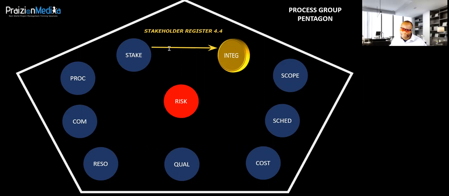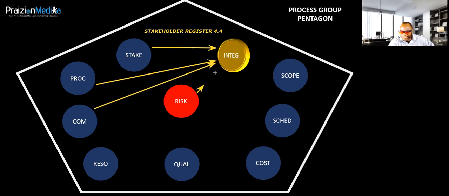It's not as though PMI is going to ask you questions about these, but this is just logic, all right? So here's the logic, real quick. I could have change requests coming from all of these places going into integration. Change requests could come from every single one of these knowledge areas. And guess what? We have to process them in integration.